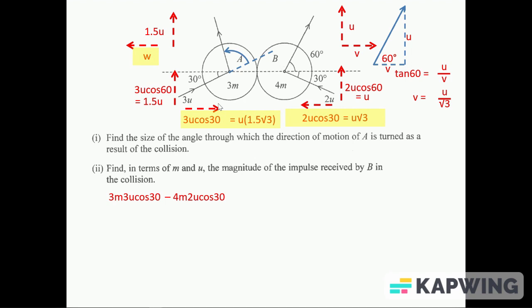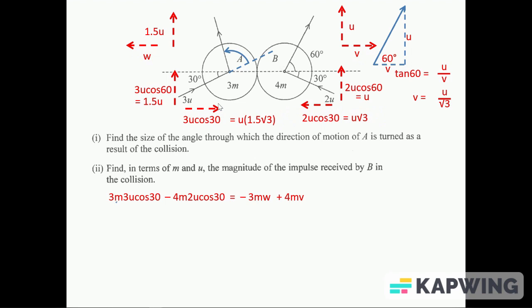Then after the collision, A's going in the negative direction, parallel to the line of centres, so minus 3m times w. B's going in the positive direction, so it's 4m times v. I'm going to solve that.